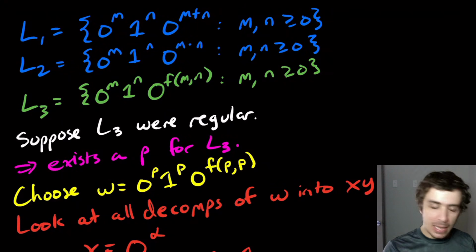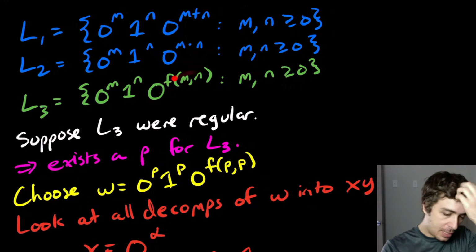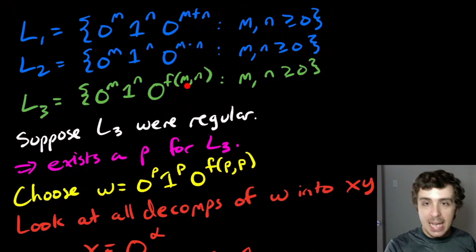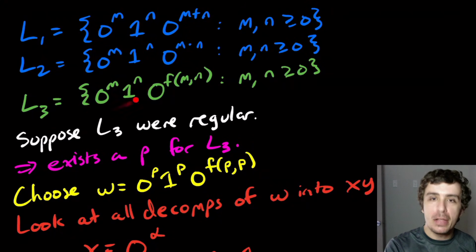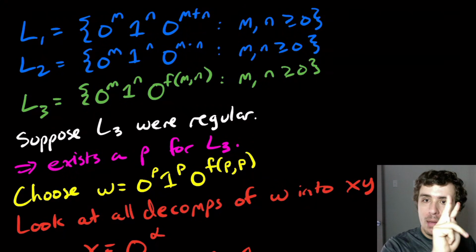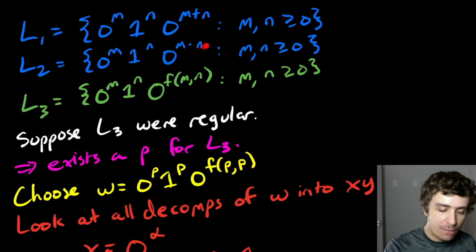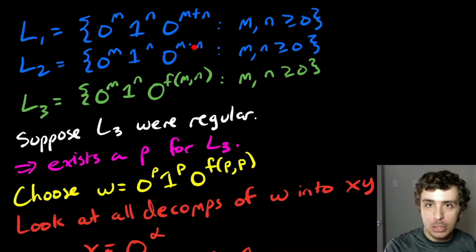I'm not going to claim that L3 is not regular, because it very well could be that f of m and n could just be 0. If we define this function to be 0, then L3 is exactly the same as 0 star 1 star, because the zeros and ones have nothing to do with each other here. The only tying together that we have is in the 0 bit in the original two languages.